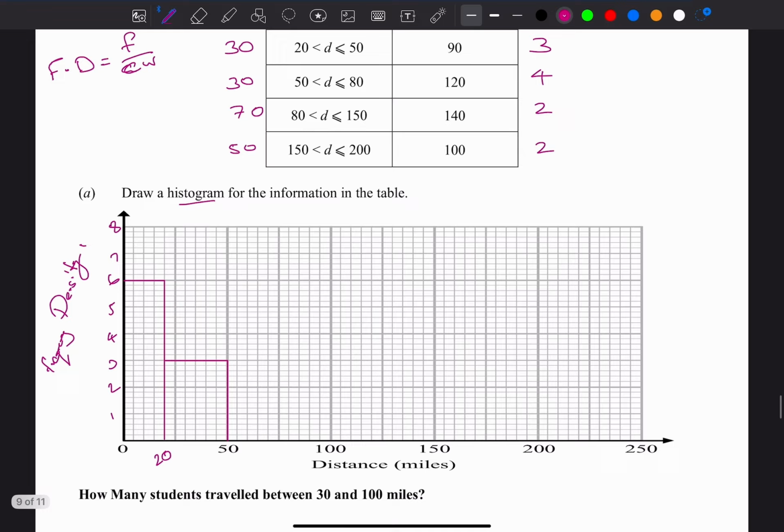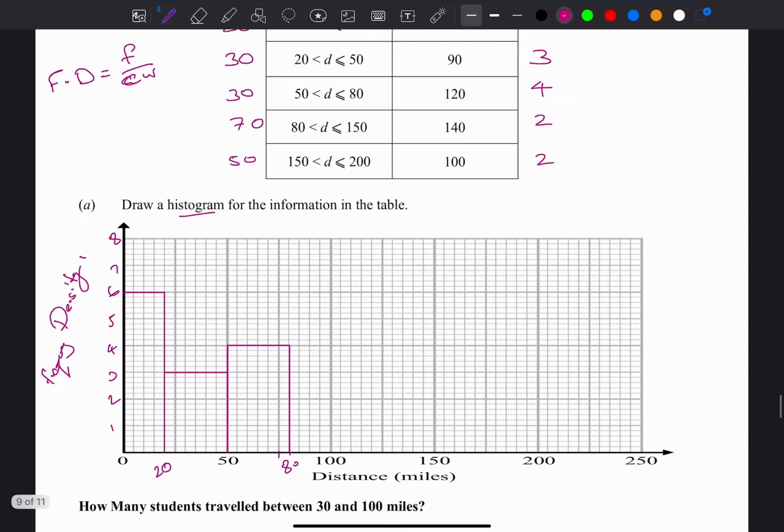Then 80 to 150 is 2. Okay, make sure it's a straight line. There it is. 150 to 200 is also 2. Okay.